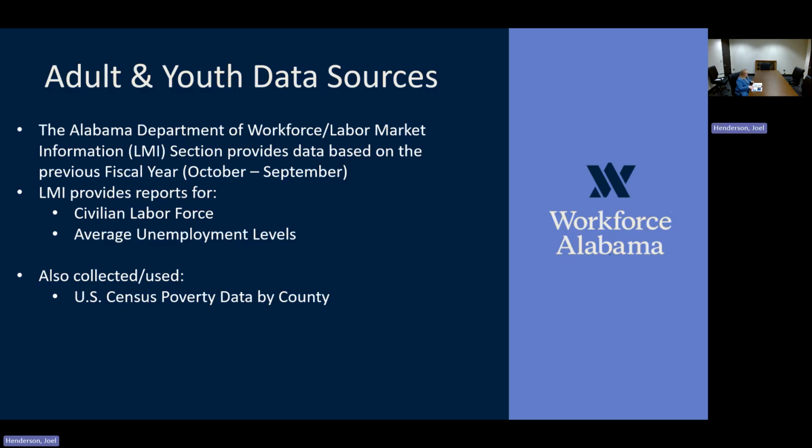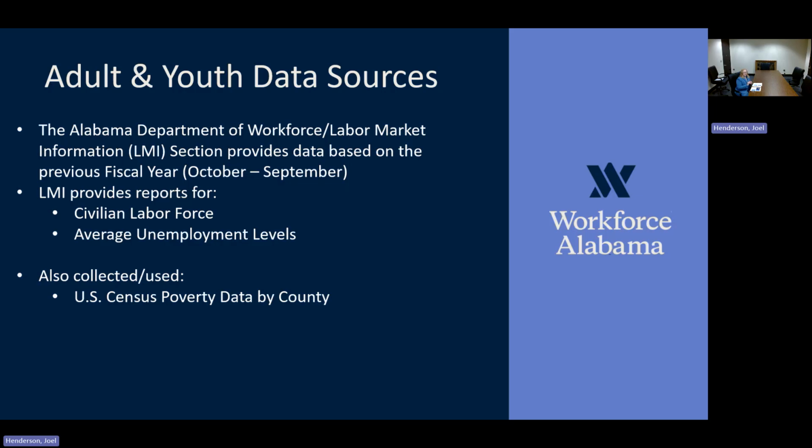Okay, so we have our formula, and then we have to gather the data to put in the formula to do the calculations. Every spring, our labor market information, or LMI, section here at Workforce provides us data based on the data that they collect throughout the year, and it's for the fiscal year prior to the program year we're calculating it for.